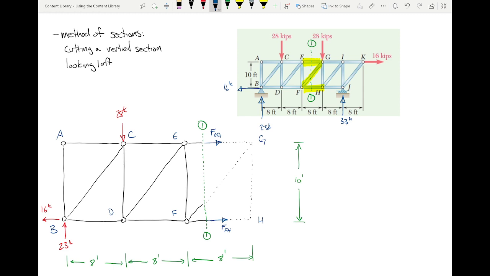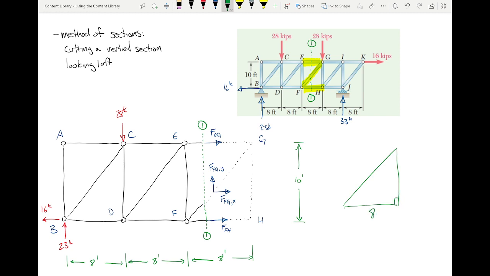Now for this diagonal, instead of drawing a diagonal force, I'm going to do this. And remember, these diagonals are at, here, I can do that to a little better scale.